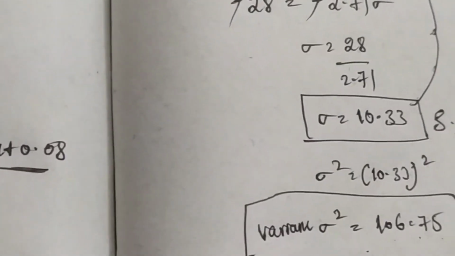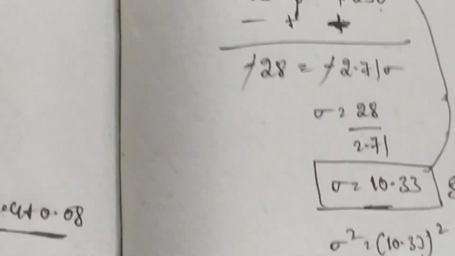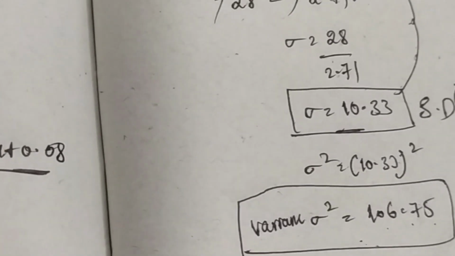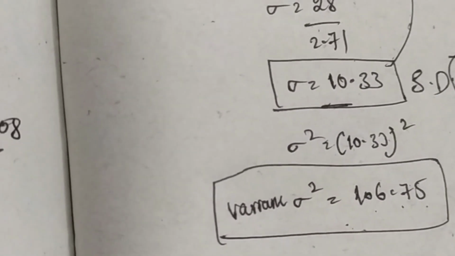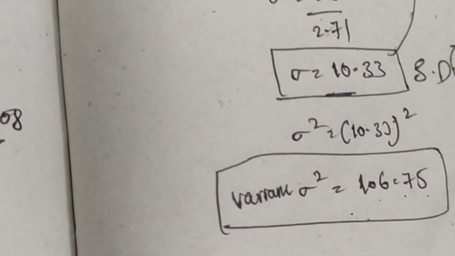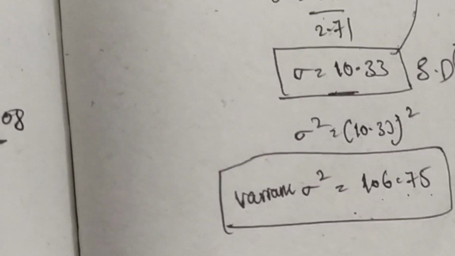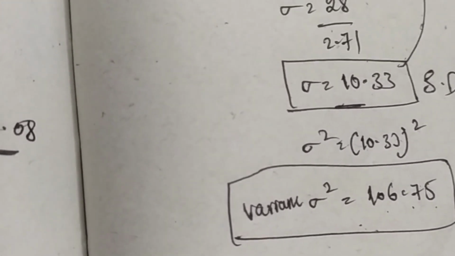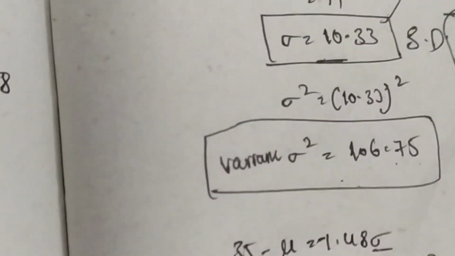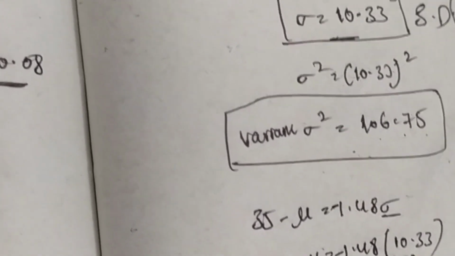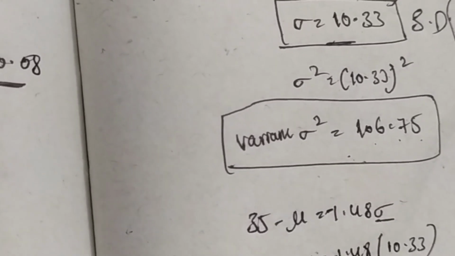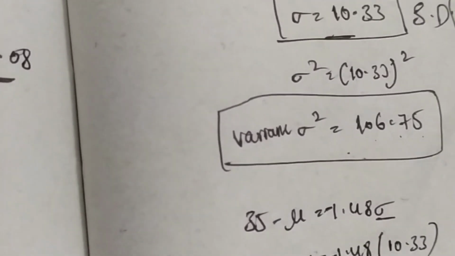Now we have been asked to find the mean value. To find the mean value, we have to substitute this sigma value in any one of the equations. Take 35 minus mu equals 1.48 sigma. In this sigma place, we substitute the sigma value, that is 10.33. Here 35 minus mu equals 1.48 into 10.33, which is 15.28.